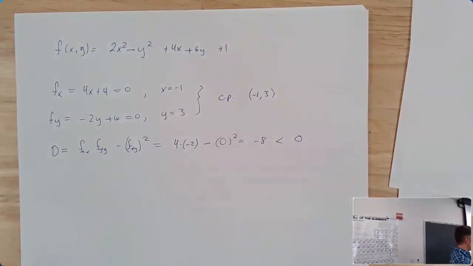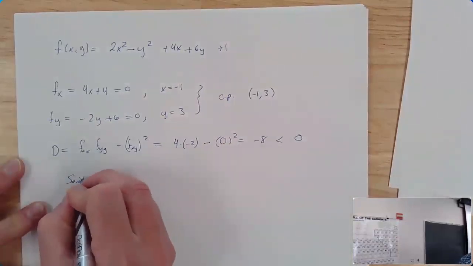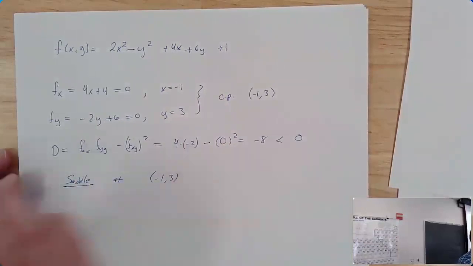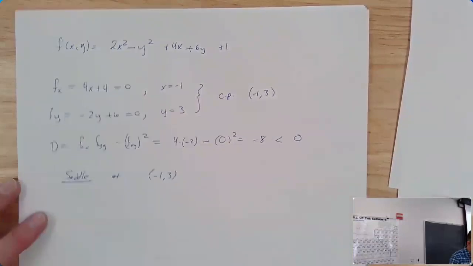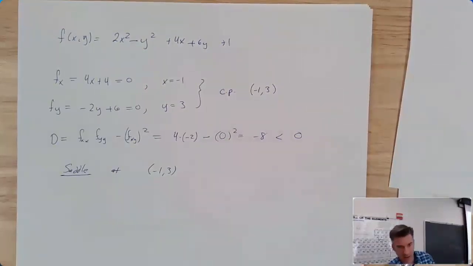It's not a max, it's not a min, it's a saddle. So automatically, we know we have a saddle at the point -1, 3. Kind of looks like this. I could draw it for you, but I think it's nicer just to see what it actually looks like. Let me make this look a little bit nicer.